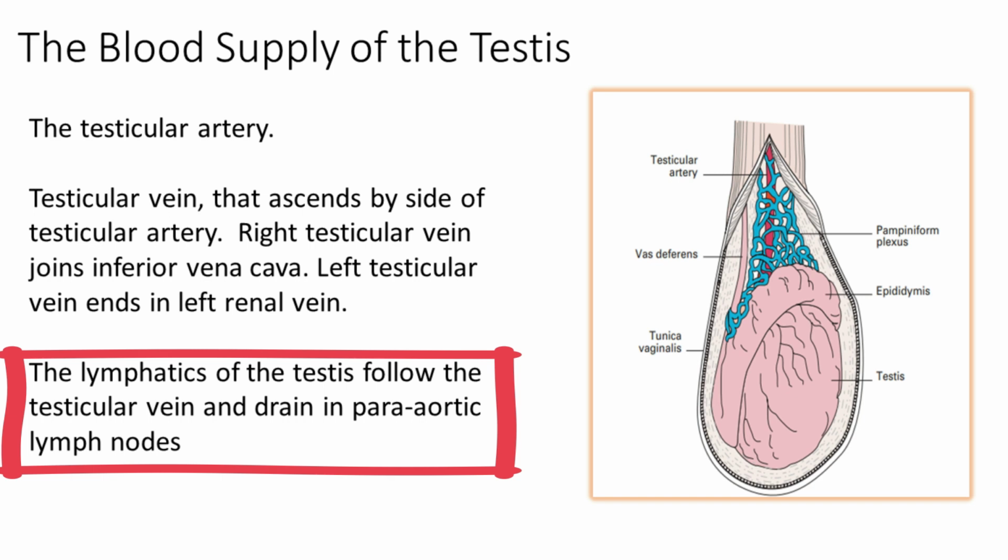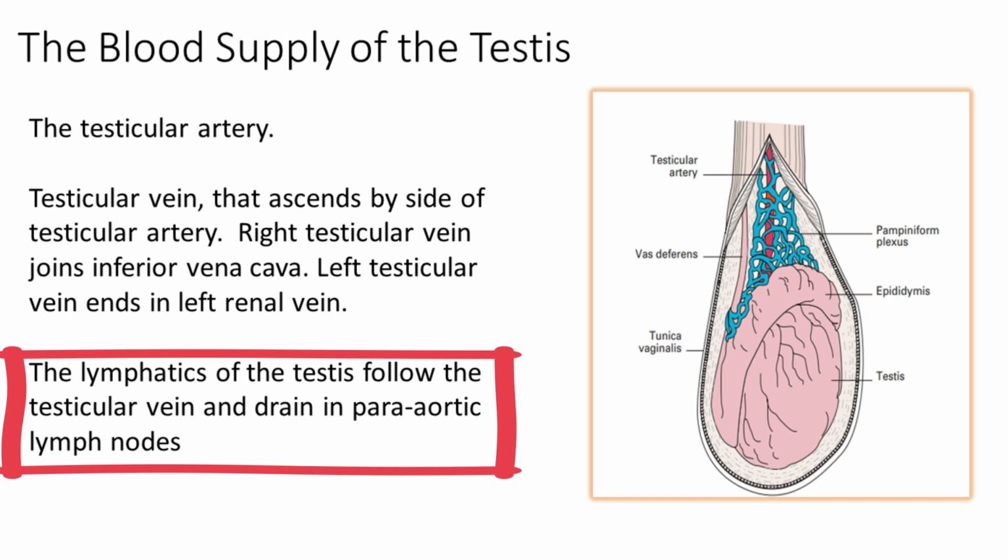The superficial lymphatic vessels arise from the tunica albuginea, and the deep lymphatic vessels arise from the testicular parenchyma. Both eventually reach the para-aortic lymph nodes, also known as the lumbar lymph nodes.